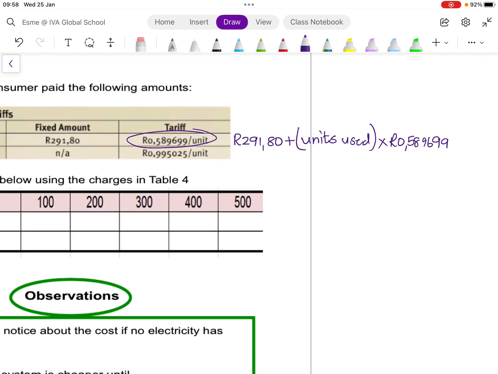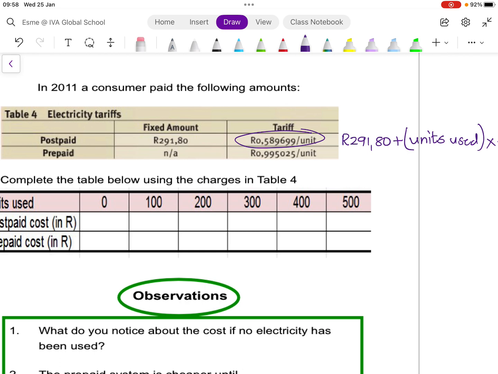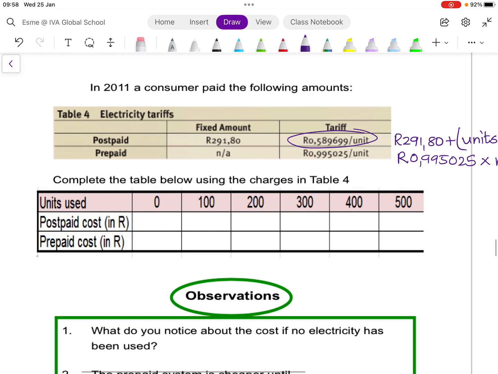That is the equation to find the postpaid. To find the prepaid, the cost will be purely 0.995025, and we're going to multiply that by the number of units, or the units used. And that is how you will find the values for the prepaid cost.